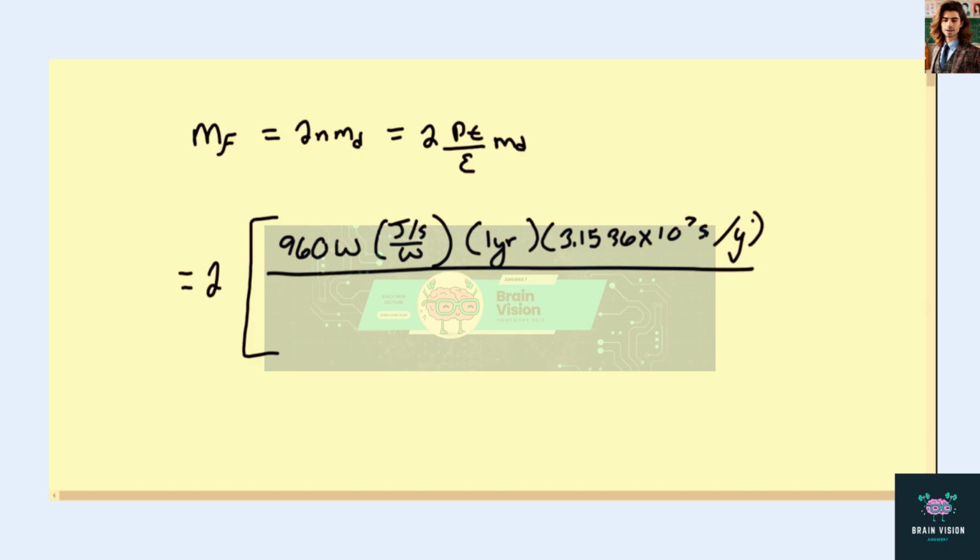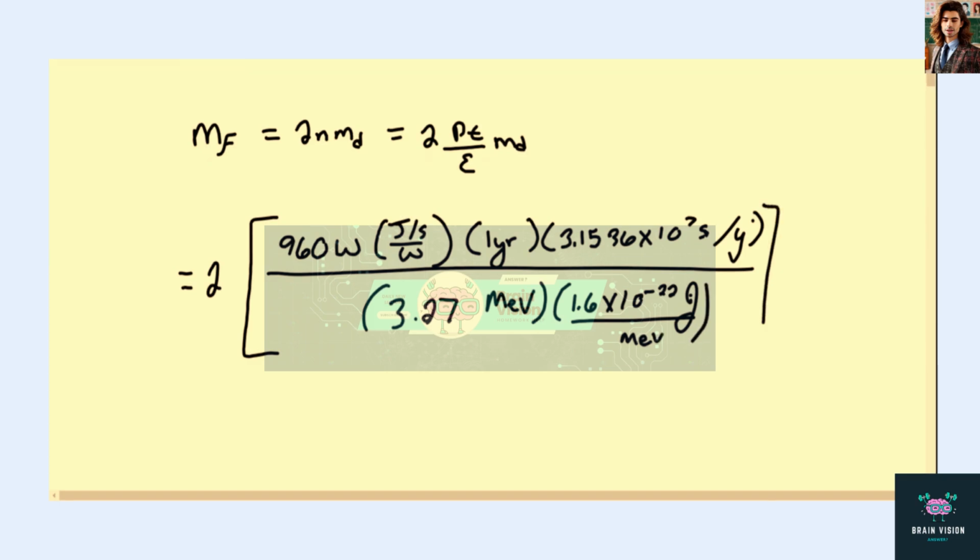Over this, we have 3.27 MeV, and we're multiplying this by 1.6 times 10 to the negative 22 joules over MeV.